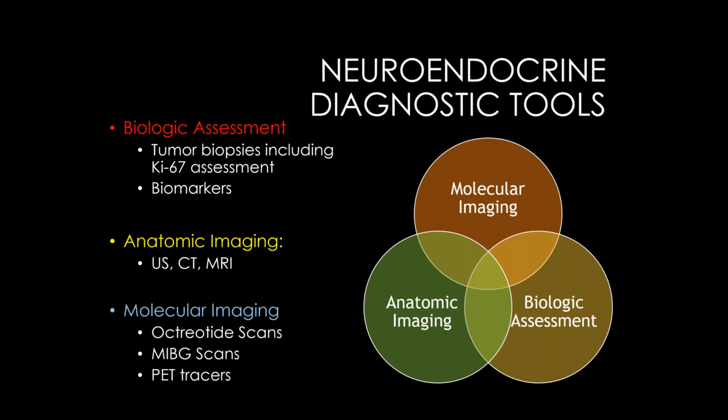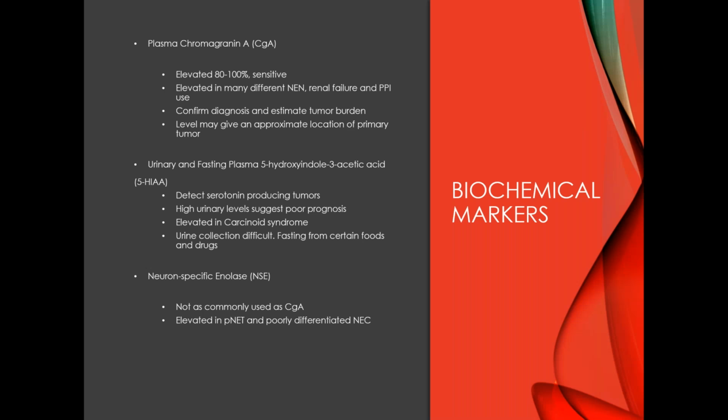All of these different tools are used together and are complementary, not meant to replace one for the other. And there are biochemical markers, which I won't go into, but this includes chromogranin A and 5-HIAA tests. These tests are important because they give the clinician an idea of the tumor burden.